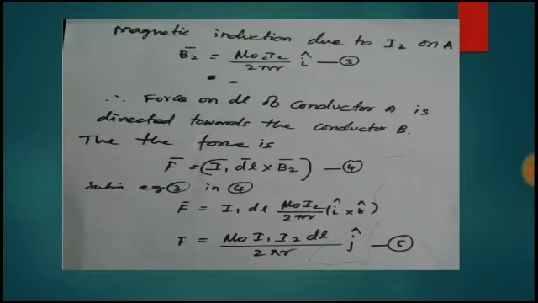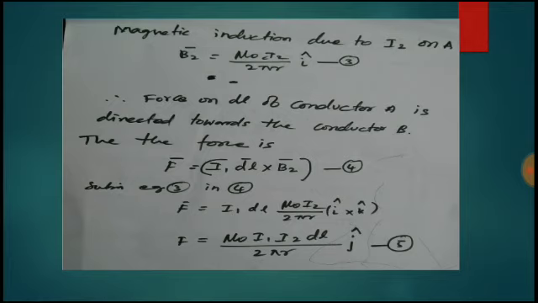The same way, consider the magnetic field due to I2 on the first conductor. In the previous case, the magnetic field was due to current I1 on the first conductor.